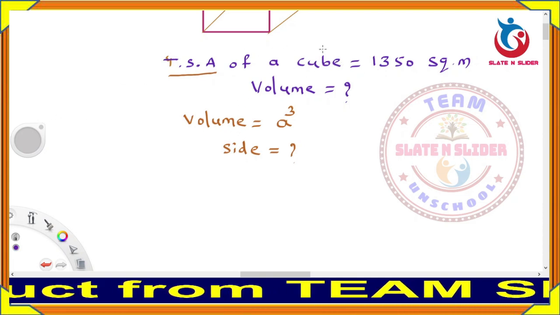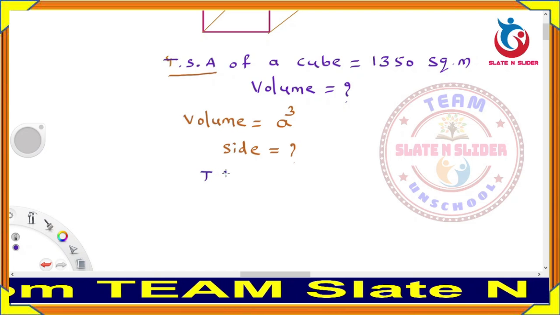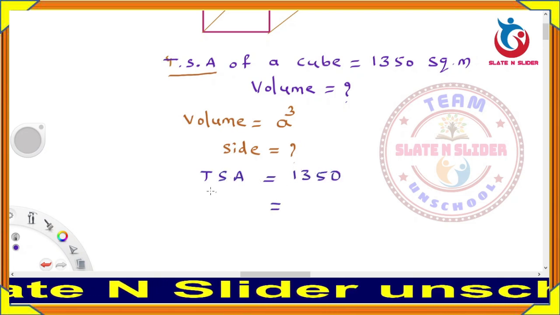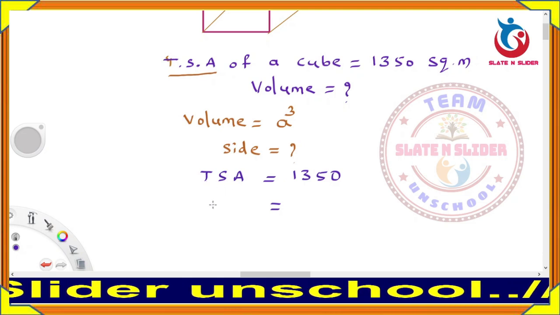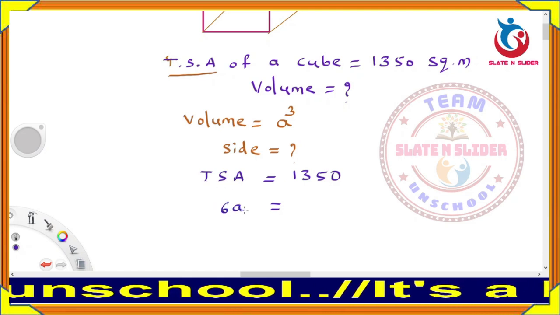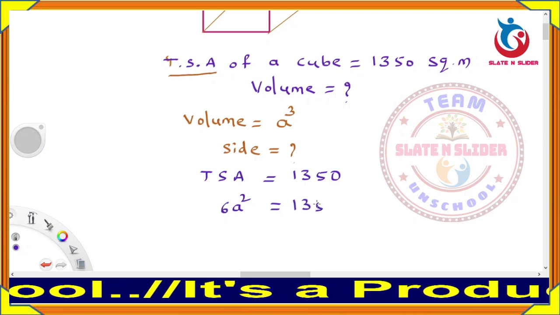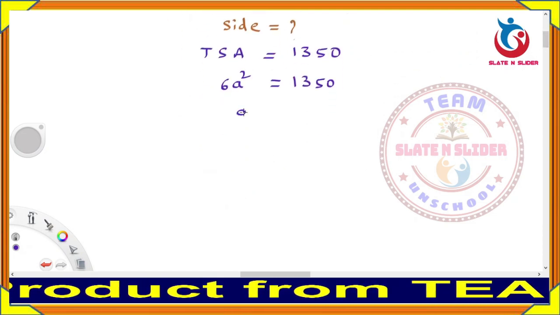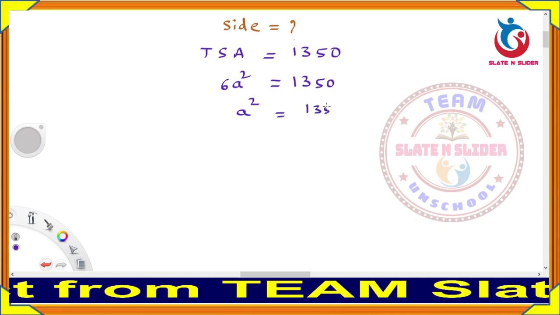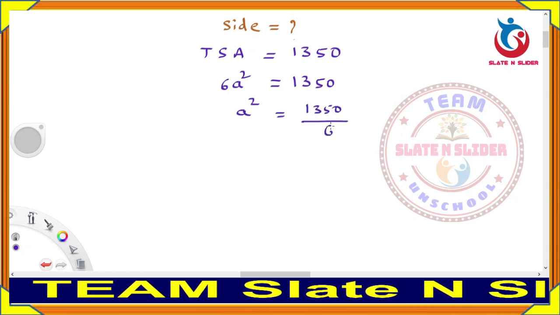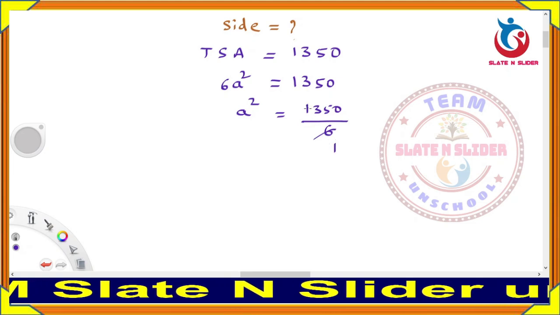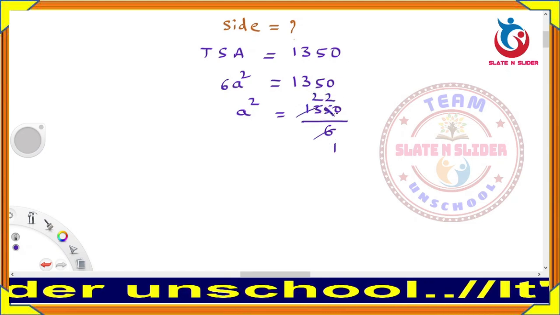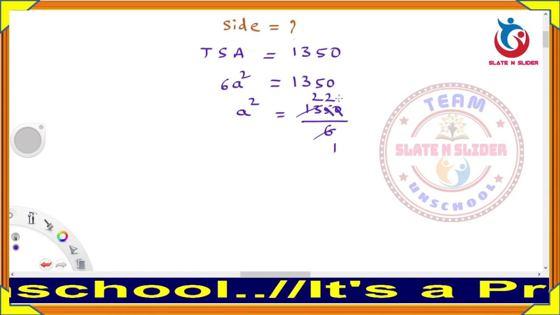So the total surface area of a cube, TSA is equal to 1350, and in this substitute the formula of TSA, total surface area, that is 6a square is equal to 1350, and by simplification we get a square is equal to 1350 by 6. 6 1s are 6, 6 2s are 12, 1 remains, 15, 6 2s are 12 and 3 remains, 30, 6 5s are 30.